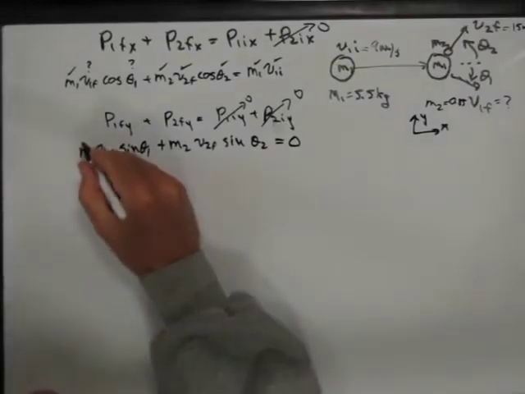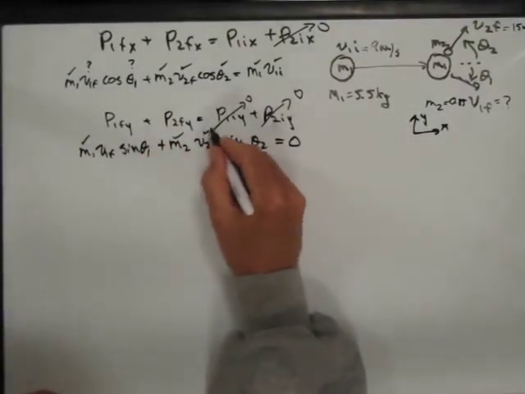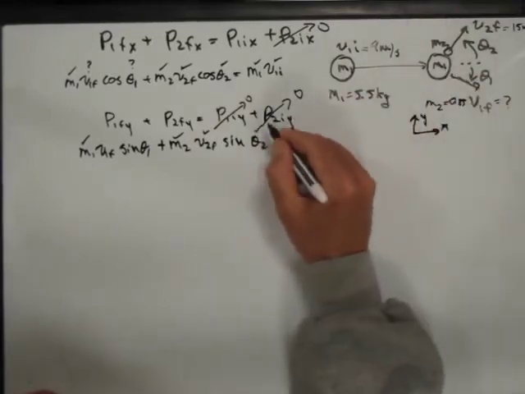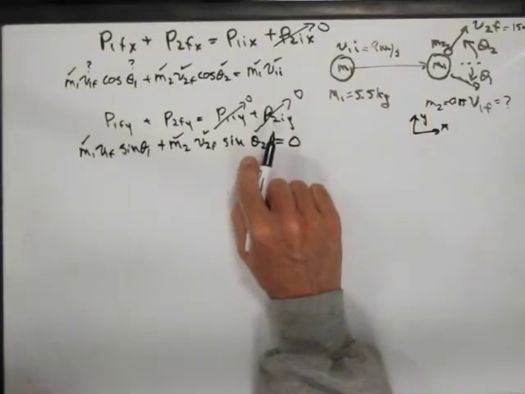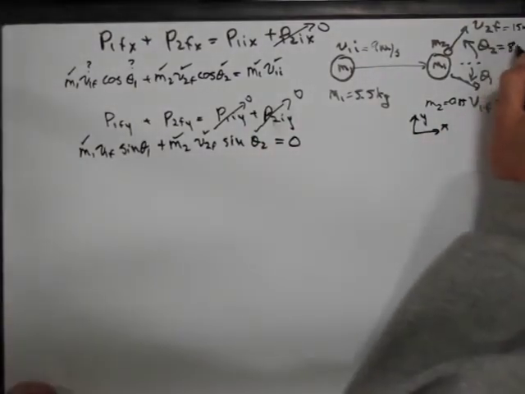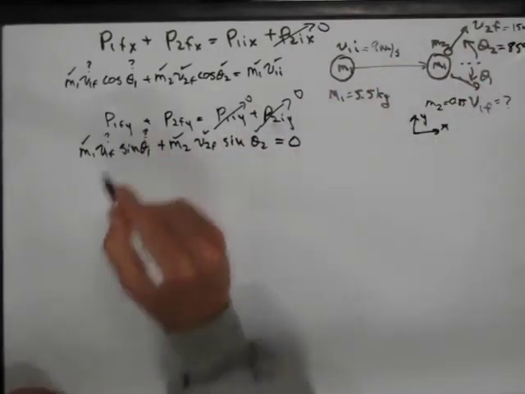And so once again, I know all of my masses, right? I know V2 final, that's 15 meters per second. I know theta 2, that's 85 degrees. That's this guy, 85 degrees. They gave us that in the problem. So once again, the things I don't know are these two guys.